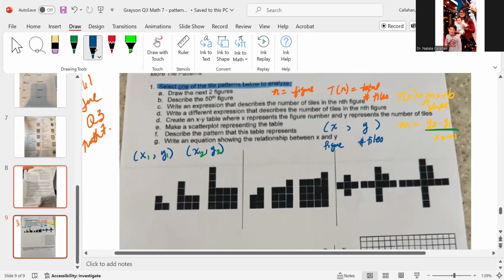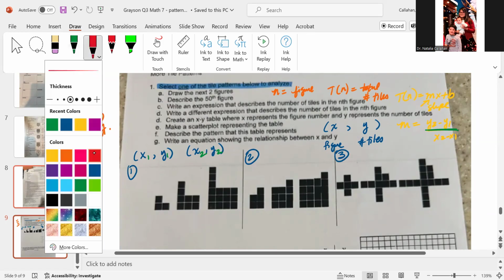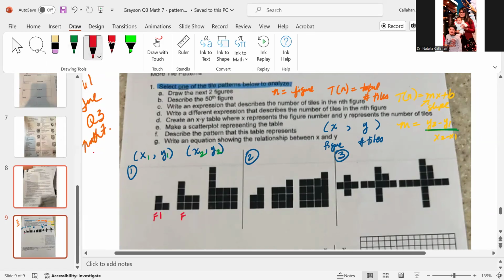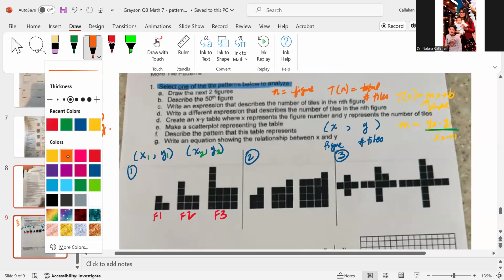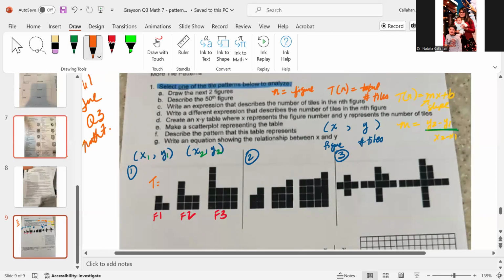All right, so let's take a look at this. Okay, so which one do you want to use? This is number 1, 2, or 3. Okay, so you want to do the first one. So for the first one, this is figure 1, figure 2, figure 3, right? What are the number of total tiles here? 3.